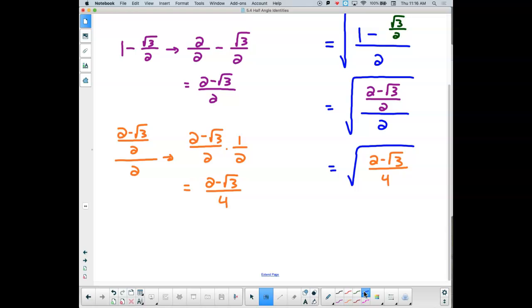When I take the radical of a fraction, what do I do? Or what's one of the rules when I am taking the square root of a fraction, or any radical of a fraction? What's the rule?